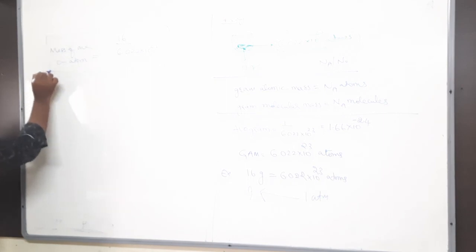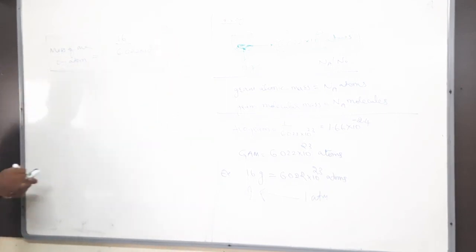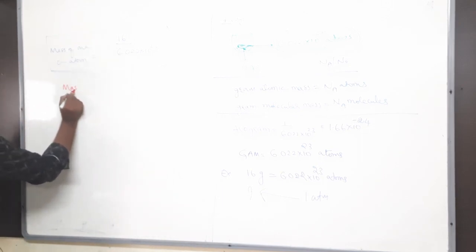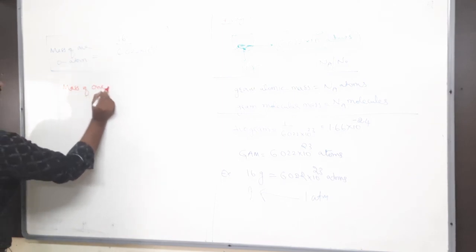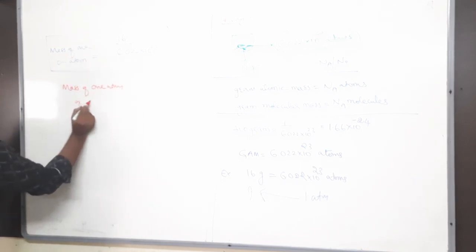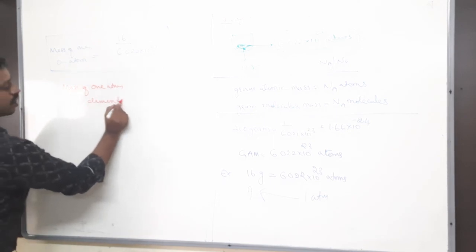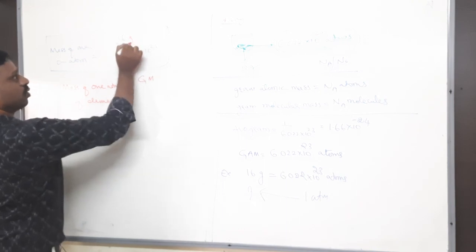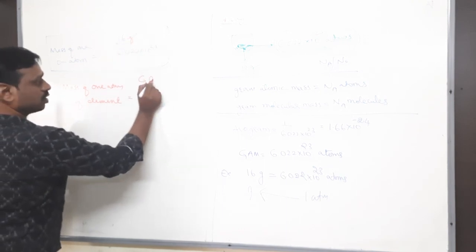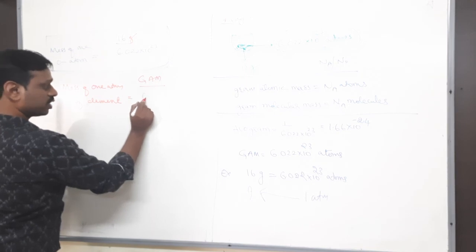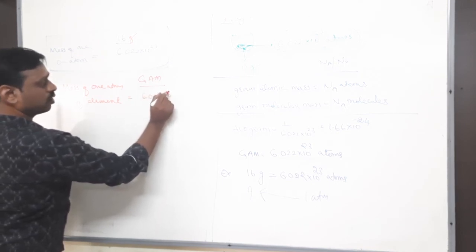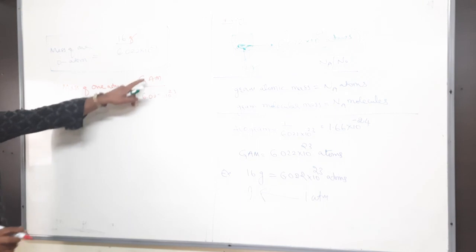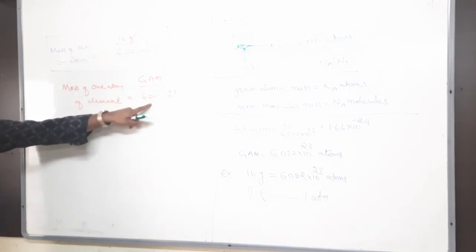Now just see the formula. If you want the mass of any one atom, the general formula is: mass of one atom of any element is equal to gram atomic mass divided by 6.022 into 10 power 23. But 1 by this value is also called Avogram.